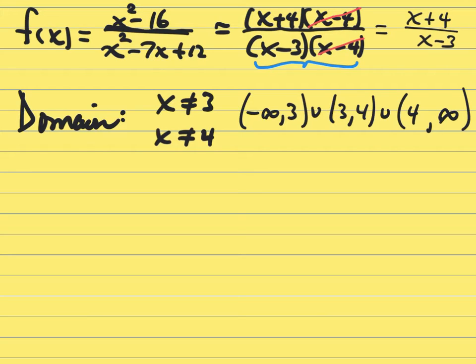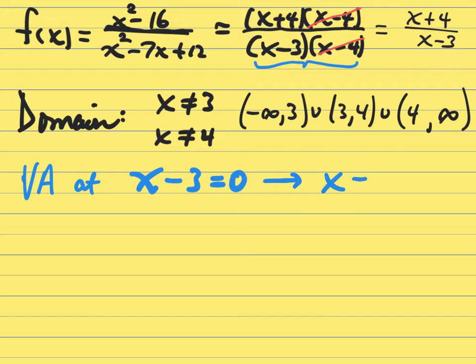That tells us that there's a vertical asymptote at the one that does not cancel, so there's a vertical asymptote at 3.